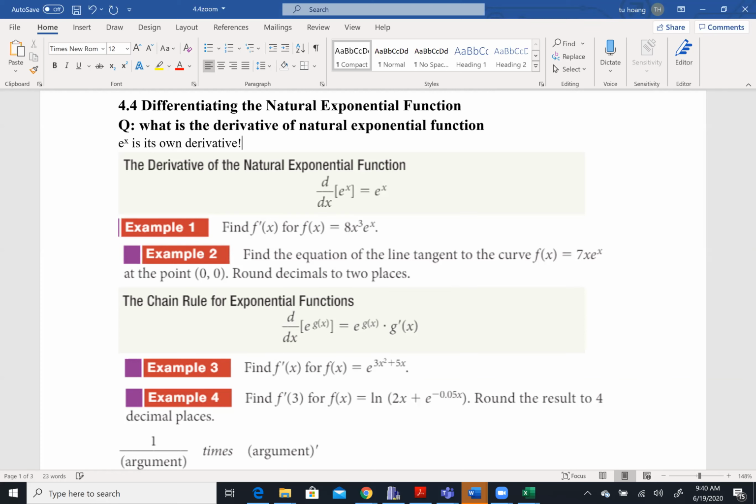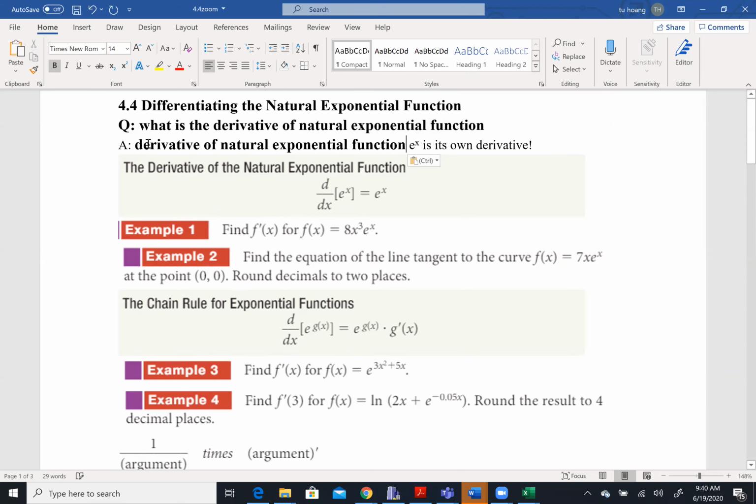So the answer is: the derivative of the natural exponential function is its own derivative.